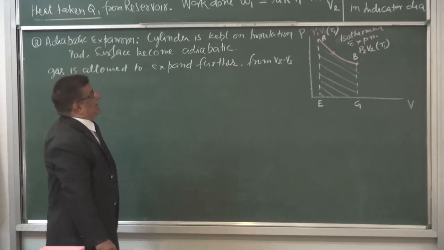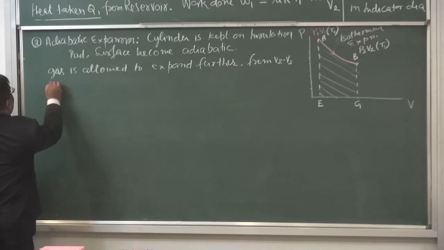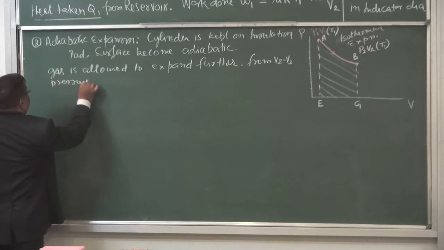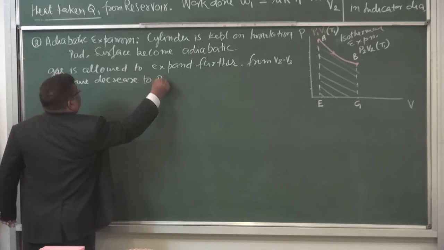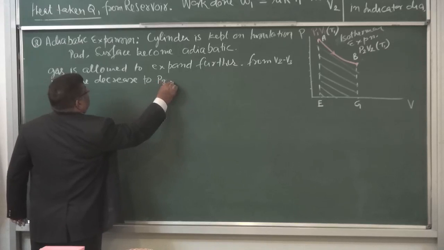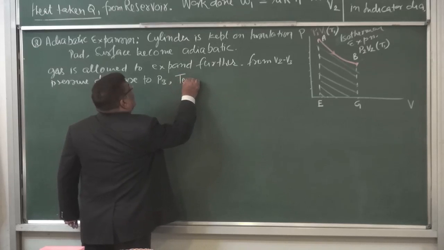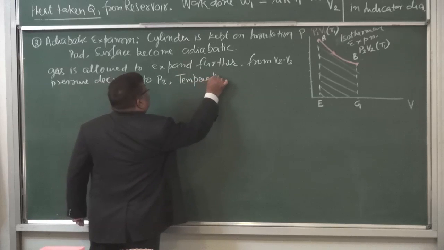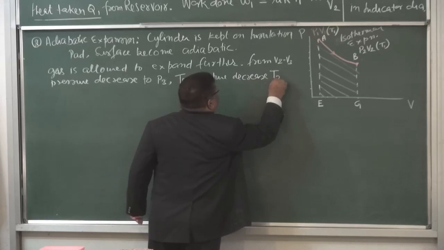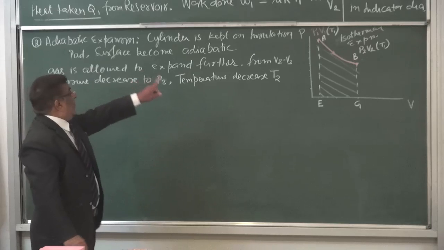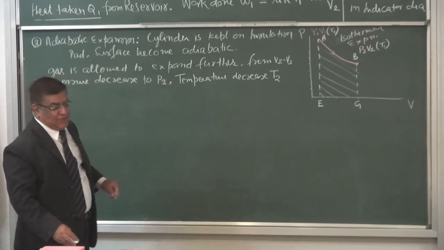Then pressure decreases to P3. Because it is an adiabatic process, the temperature will also change, and the temperature decreases to T2. This is about volume, pressure and temperature in step number 2, adiabatic expansion.